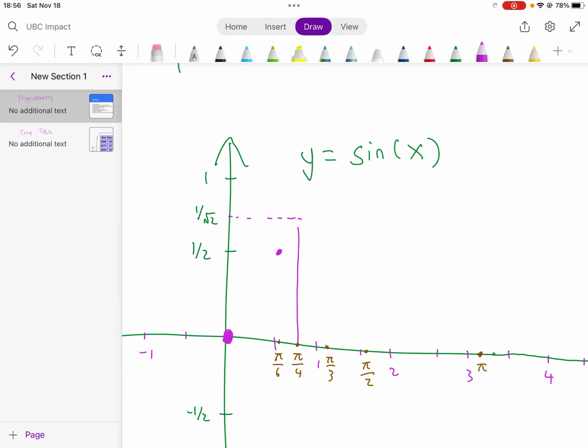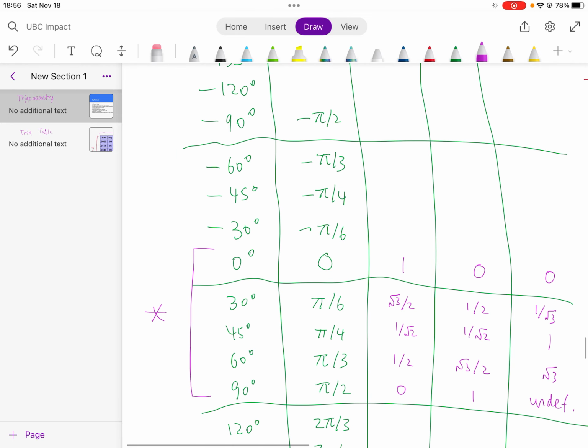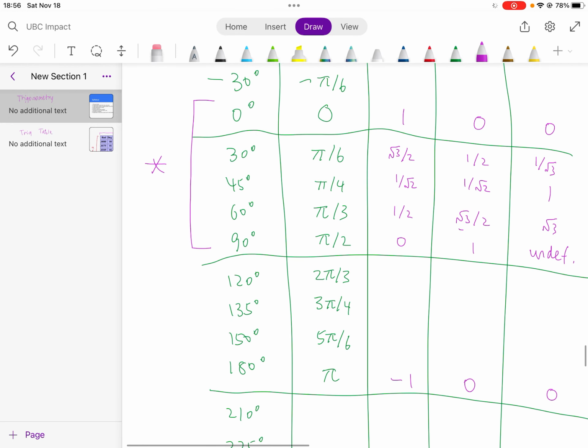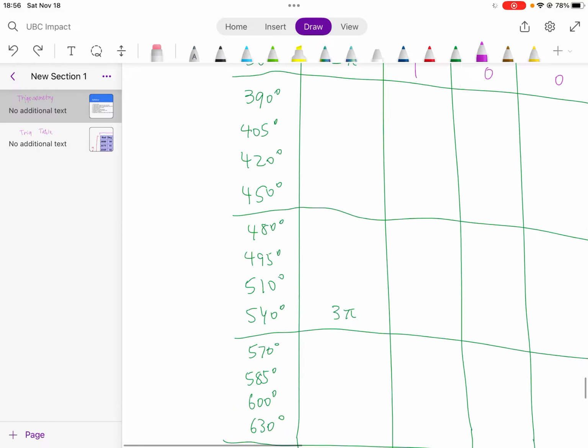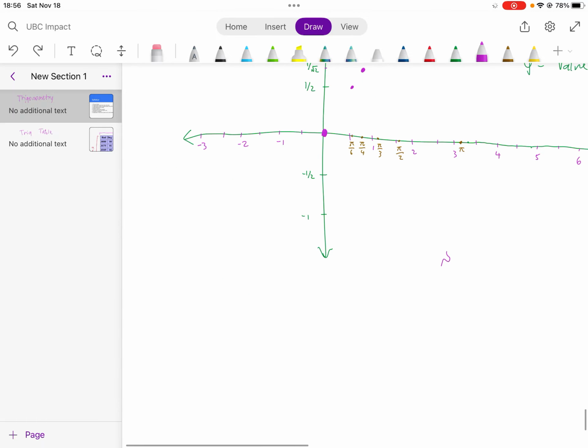For pi over 4, it'll be this point right here. And then for pi over 3, what do we get? We got square root of 3 over 2, which is, well, square root of 3 is about 1.73.